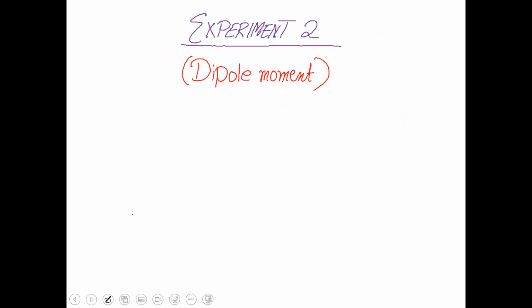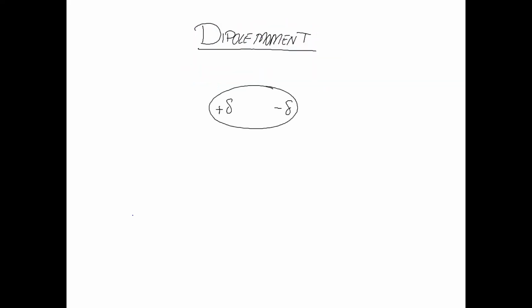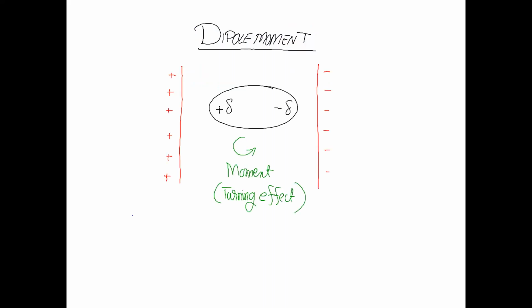Now give a side heading, experiment number 2. This is called dipole moment. You can put a liquid in a strong electric field. In physics, an electric field means one positive plate and one negative plate.